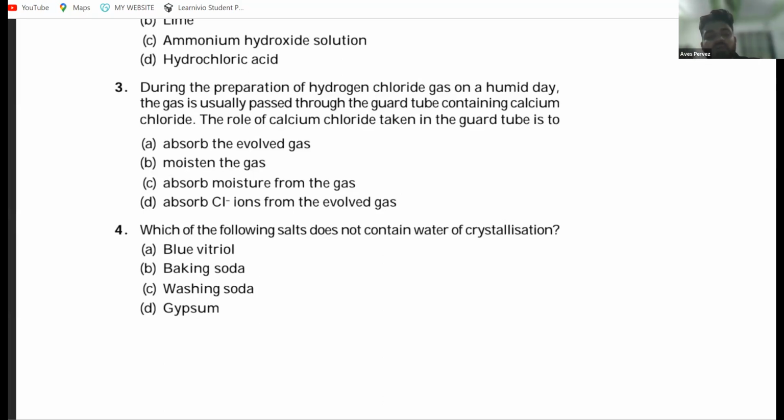So what is the role of calcium chloride here? Because we are just producing the gas. Tell me.